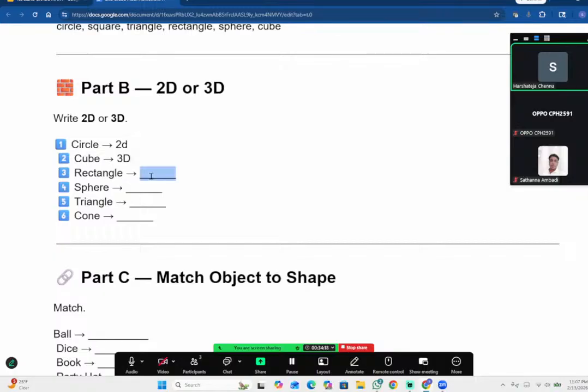And a rectangle, this one would be 2D because a rectangle would be flat. A sphere would be 3D because you can physically roll it around. A triangle would be 2D.